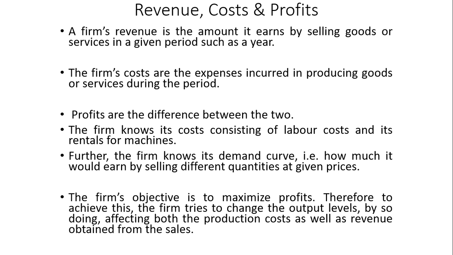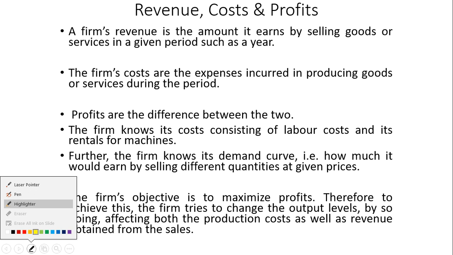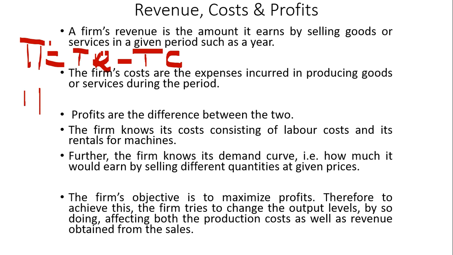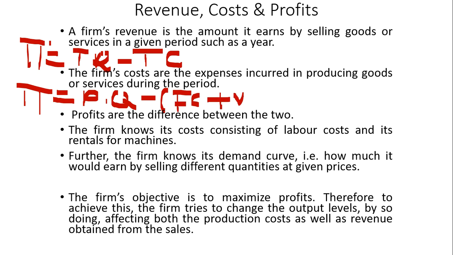So that's another formula which you should understand. Let's represent profit by pi. Profit is equal to total revenue minus total cost. And we know that total revenue is price times quantity, minus total cost, which is fixed cost plus variable cost.